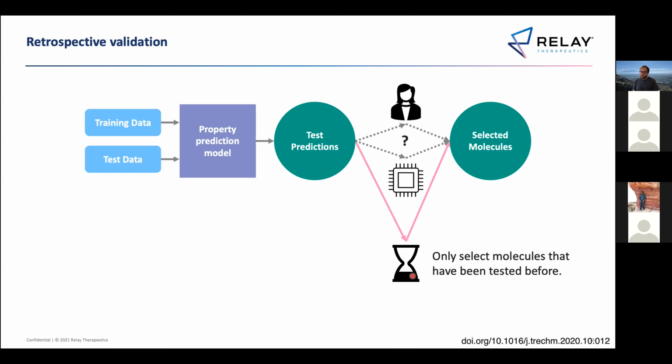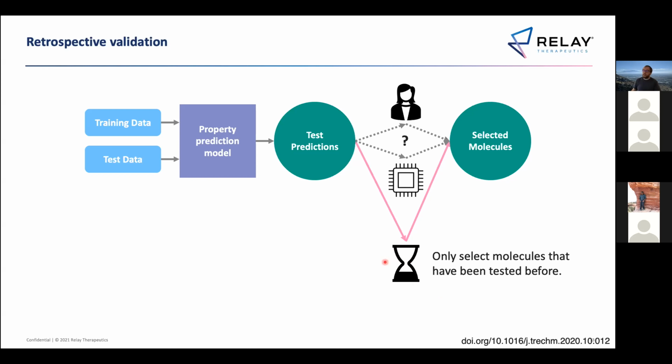This applies not just to random cross-validation, it also applies to temporal cross-validation. If you're training a model on everything up to 6 months ago and then testing it on the last 6 months, that is a retrospective study. It is limited to the compounds that have been tested before.